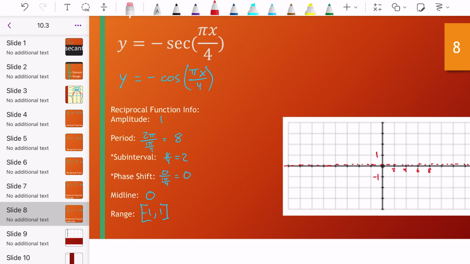Notice we're going to start off with our minimum because we are working with a negative equation. So start off here. In this case, we would go up to the midline. After the midline, we're going to go up to the maximum, back to the midline, and back to the minimum. In this case, remember to have those curls point back up.